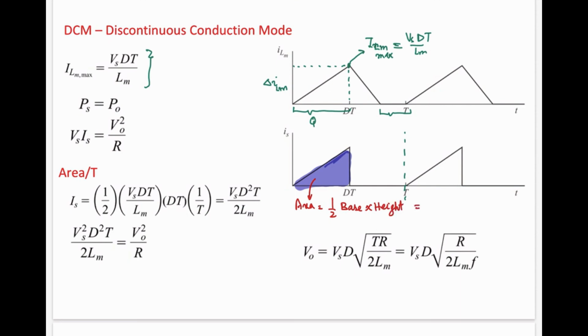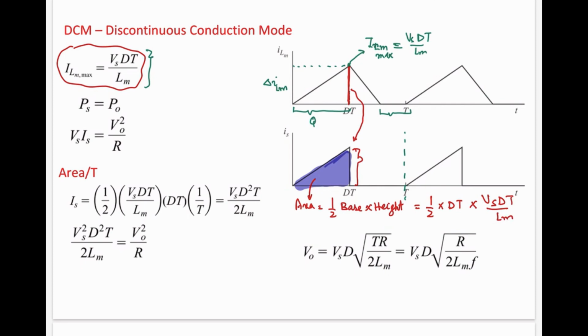What is the base? The base is dt. And what is the height? The height is equal to IL max from this equation, the maximum value, that is Vs into d into t divided by Lm.